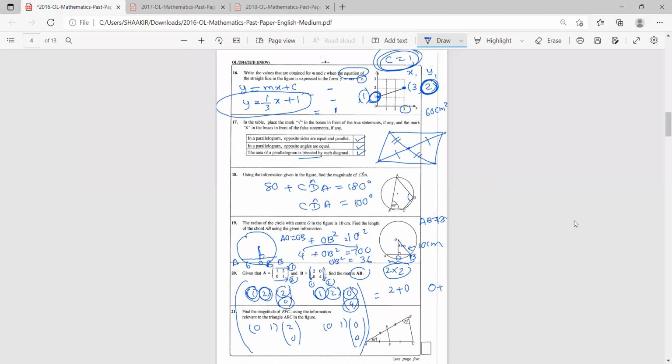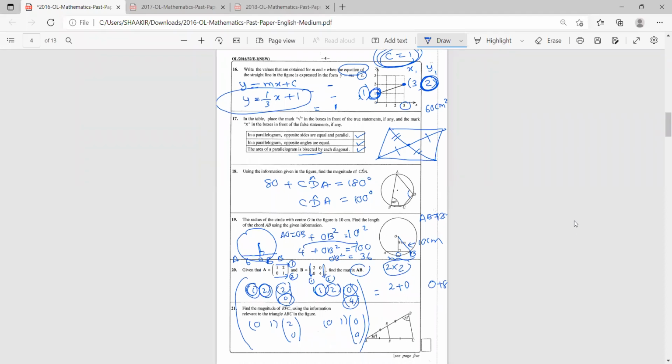So you have to add it. Again, here 0 multiply by 2 is 0. 1 multiply by 0 is 0. So 0 plus 0. Again, 0 multiply by 0 is 0. 1 multiply by 4 is 4. Now close the bracket.